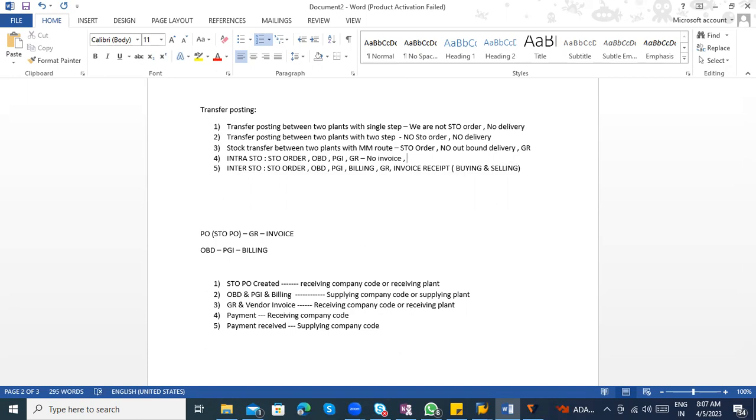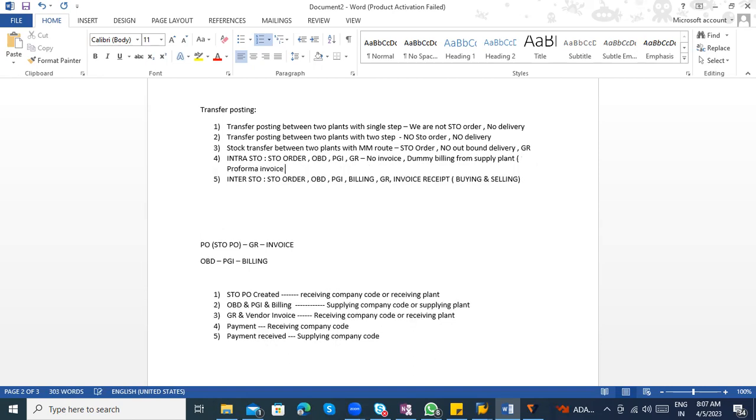But there is a billing document, a dummy billing from the supply plant, that we call a pro forma invoice. Why do we need a pro forma invoice? Suppose some tax department or sales department or excise department stops your vehicle and asks about the tax form, where is the tax invoice.